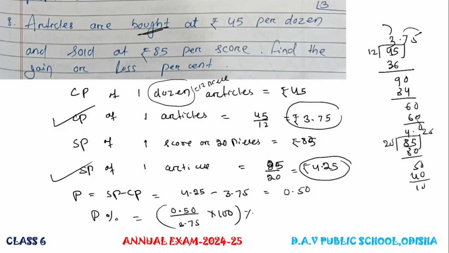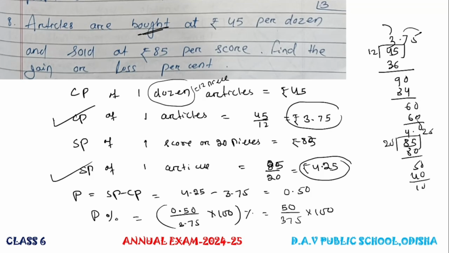So calculate 0.50 by 3.75. If numerator and denominator have an equal number of decimals, that is 0.50 means 2 decimals, here also 2 decimals, then we can write just the numbers, that is 50 divided by 375 into 100. How?